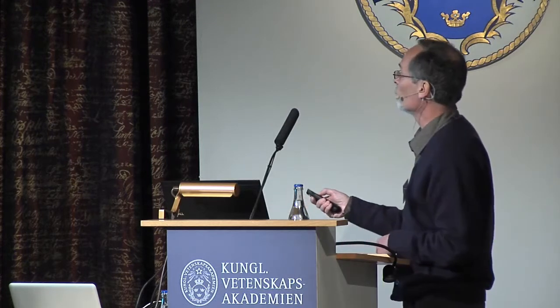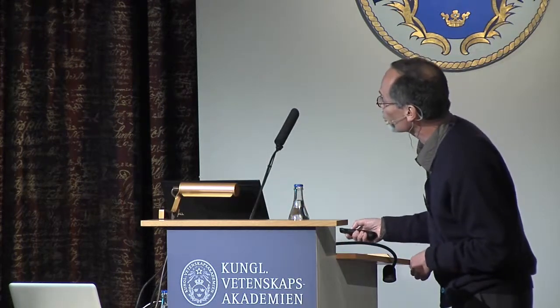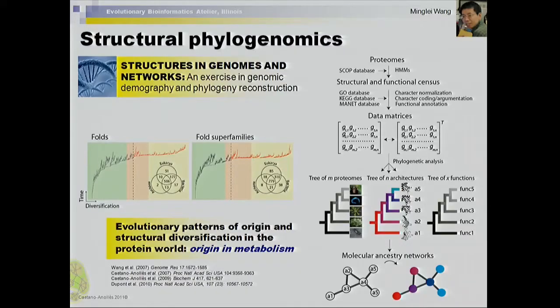An alternative to this is to build trees of architectures. In this case, the leaves of the trees are the component parts of the systems. That means these are the actual structures of the domains. And the tree is global in that it represents the globality of the protein world, and it can be reconstructed at different levels of the hierarchy.